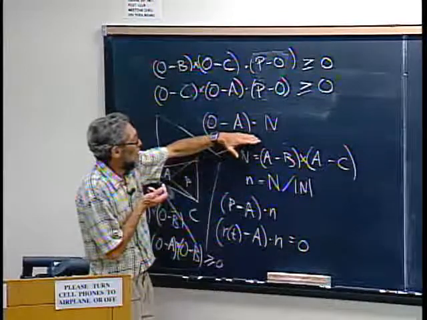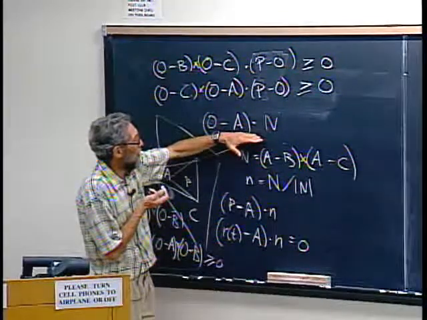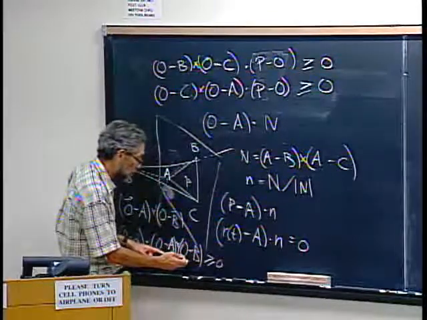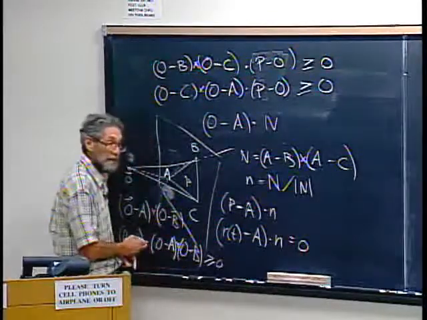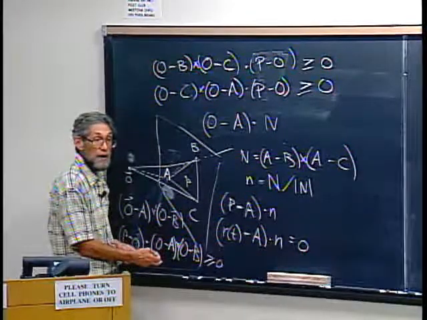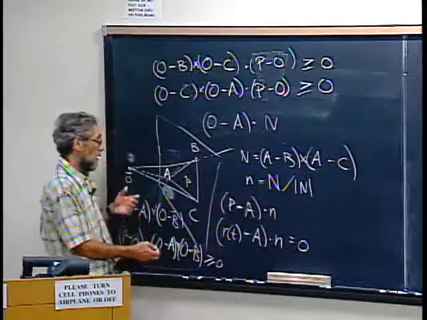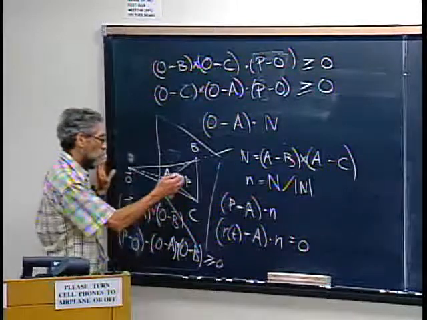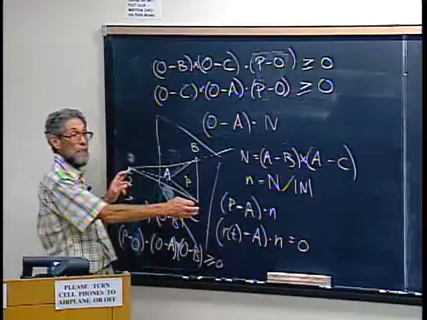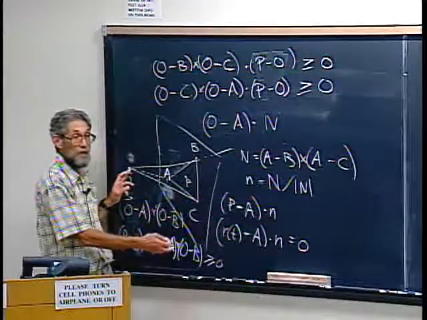Now, it turns out that if you take the cross product of two vectors, and then take a dot product with a third, it's the same as a determinant. Because basically, you can think of the way you compute the volume of this. It's a sixth of the volume of a parallelepiped, and the volume of a parallelepiped is that determinant.